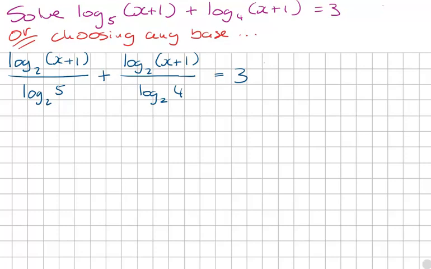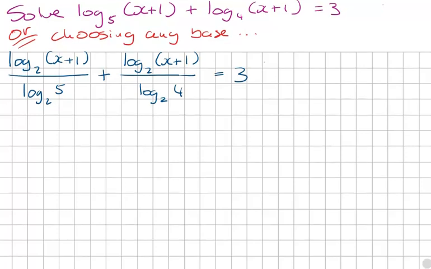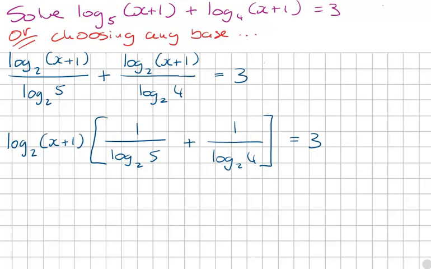So this is just from the previous slide. I haven't done anything here. Again, I'm going to factorize like in the original method, but we've got 2 fractions now instead of 1. Notice that the numerators are the same, so that's going to be my highest common factor, log base 2 of x plus 1.